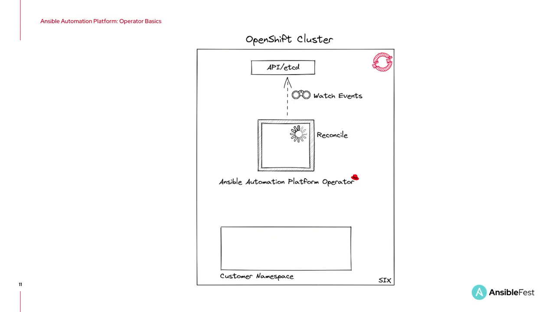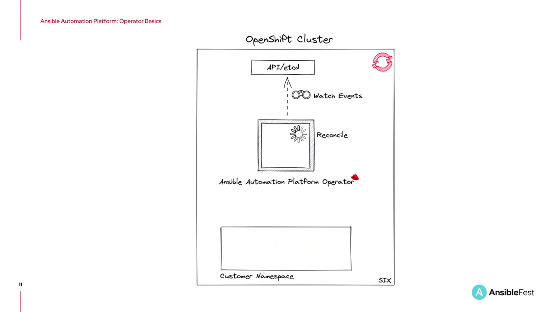Exactly, and that's quite important to introduce first. When we have OpenShift, there's a thing in it called an operator. An operator is a piece of software which automates your tasks at the end. That's the basic. In this schema, we see the OpenShift cluster. Then we have important components like the etcd and API.